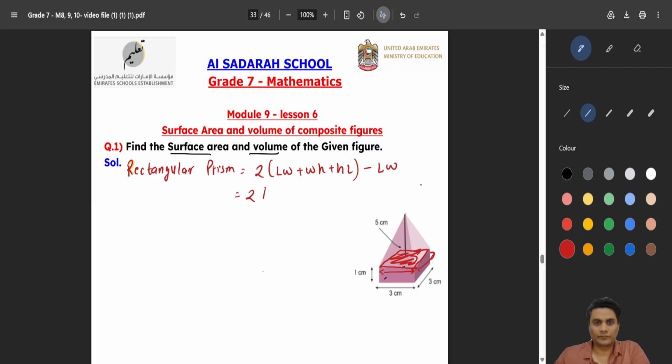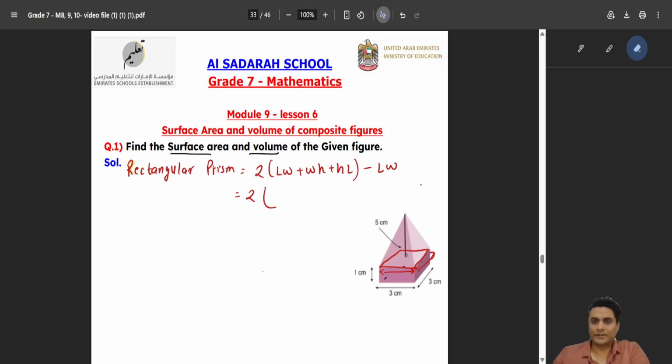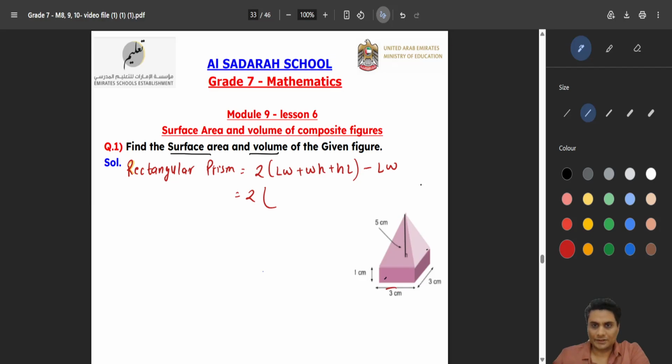Let us do it. What is the length, width and height here? Tell me quickly. See here, 3 is the length, 3 is the width, height is 1. So length times width, 3 times 3, plus width times height, 3 times 1, plus height times length, 1 times 3, then minus length times width, 3 times 3.